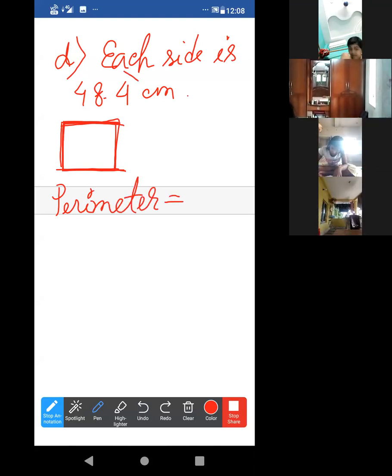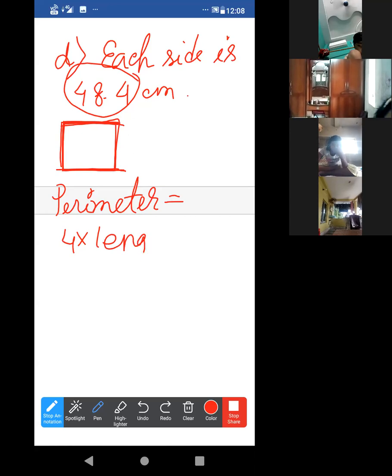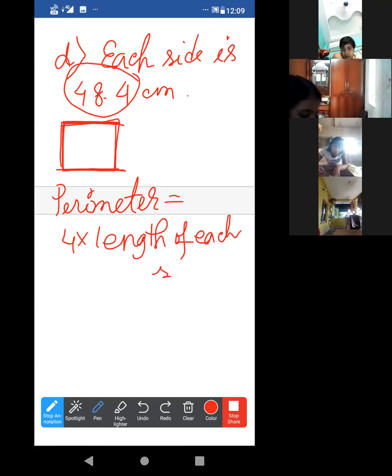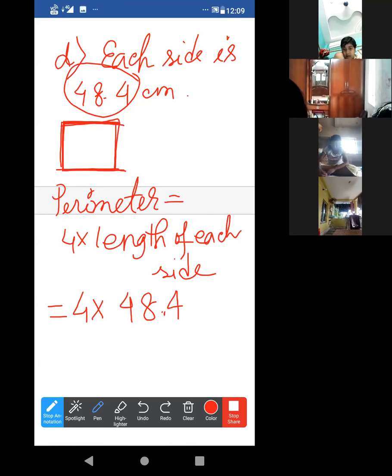You can add this one 4 times, or you can multiply it by 4. 4 into length of each side. Find this one.